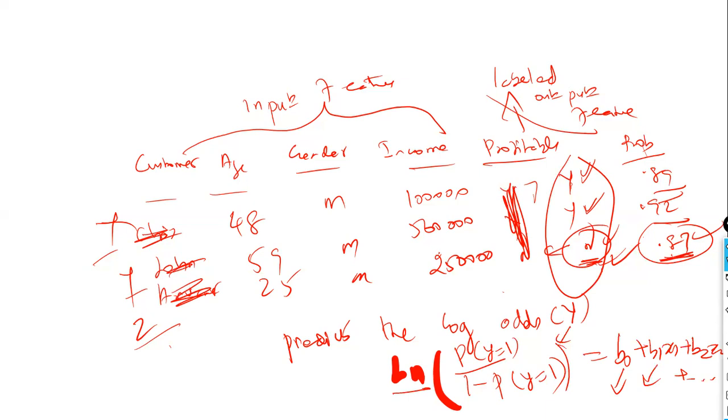The left side is unlike linear regression: we are not predicting the value of Y directly. Instead, we are estimating the log odds. What are the odds that the given customer is going to default if I approve the loan? That is what this equation tells. Remember this equation. Since we are taking the natural log of the odds, we call it a logit. They use the short term logit.